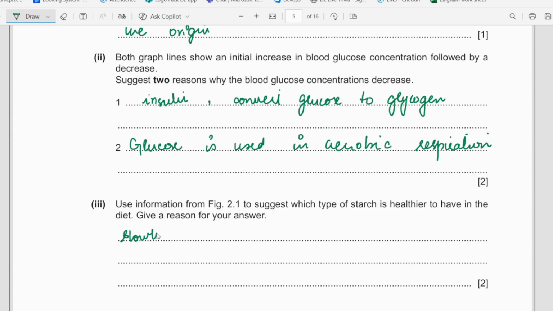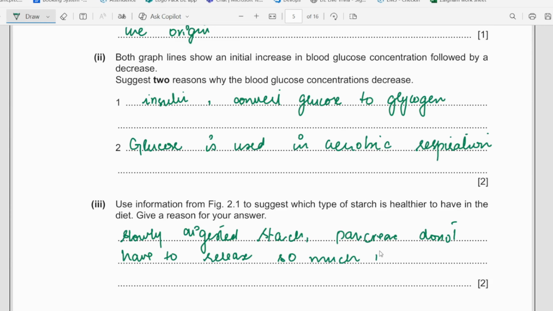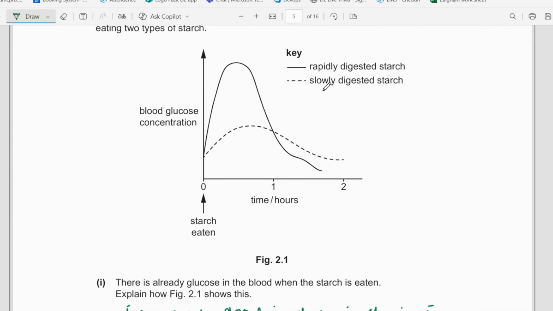You said the slowly digested starch, because the pancreas doesn't have to work overtime. Slowly digested starch, the pancreas does not have to release so much insulin. What else can you write? If you see in the graph, the difference in the two is really high.